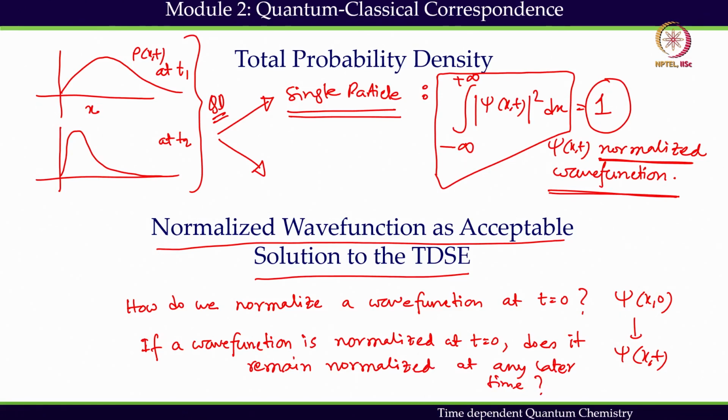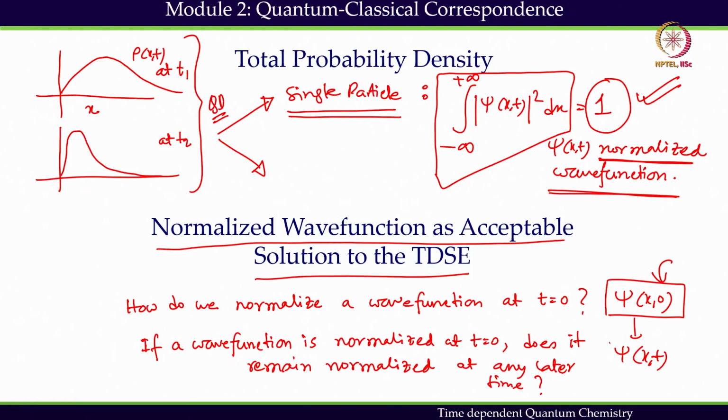I told you that the total probability of finding the particle in the entire space is going to be always 1. That has to be maintained, and we can try to find out how to get the normalized wave function in the beginning of the quantum evolution. But then the question is, I am going to use this wave function and plug it into the TDSE to get the solution at different times.